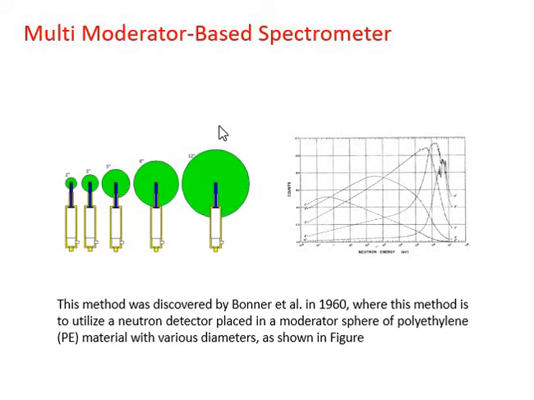The image on the left shows the geometries of the moderator and detector, while the image on the right shows the response curve of the 5 detectors. This design has the disadvantage that the measurement must be carried out several times according to the number of spheres. Besides that, it is also very heavy and impractical.